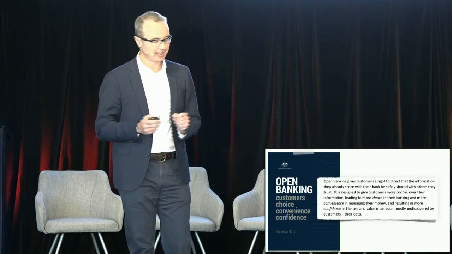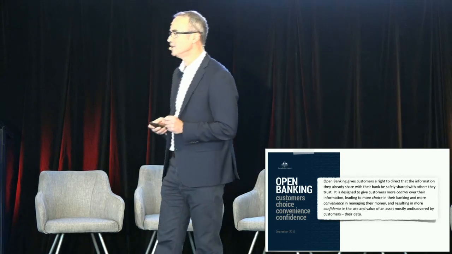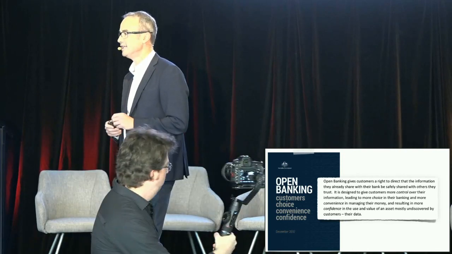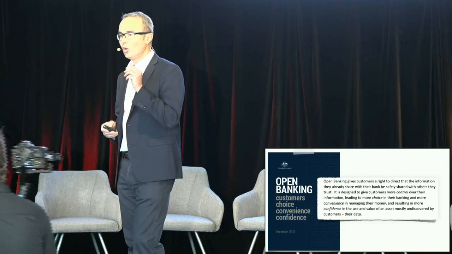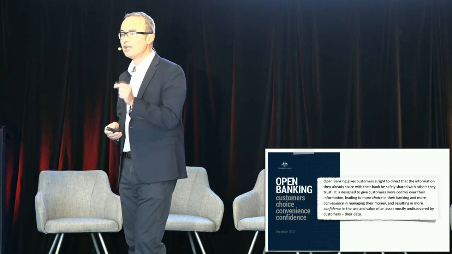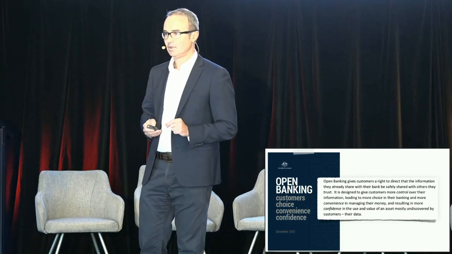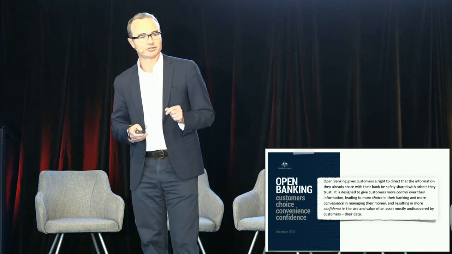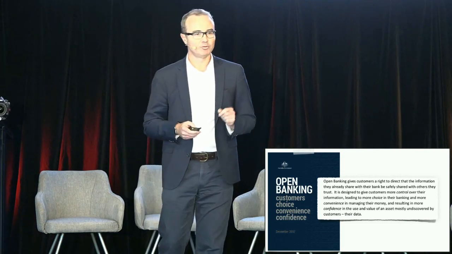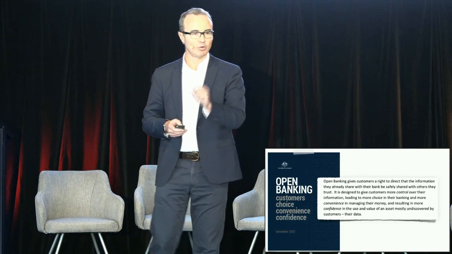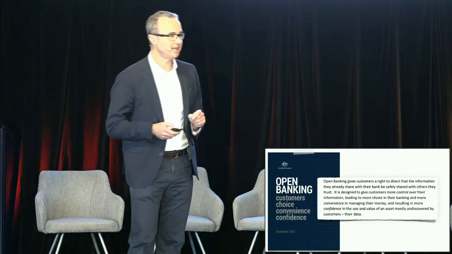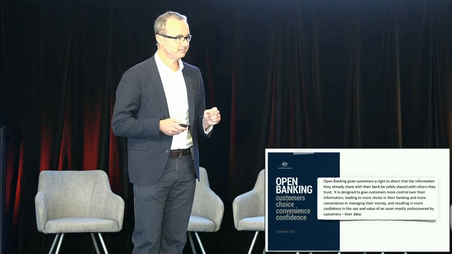Now, as a brief description, if you want to understand what open banking is, just think about what payments are when you're a customer. When you're a customer of a bank, payments are about asking your bank to pay your money to someone else, and your bank has to make sure it gets there safely.